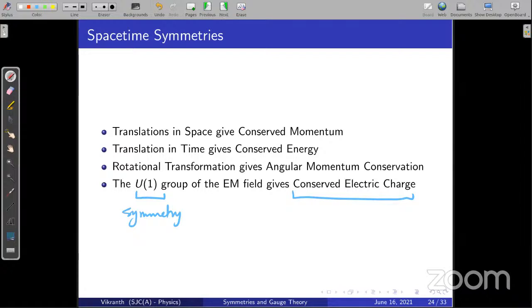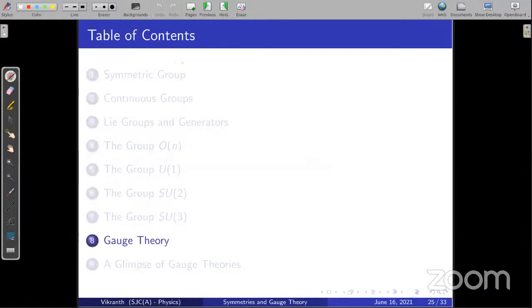And because of that, we have a conserved electric charge. I won't be getting into the details of all of this, but that's what I want you to take away. The U(1) group of the EM field gives us a conserved electric charge. All right. So that was about groups and everything so far. I have tried to make it as simple as I could.